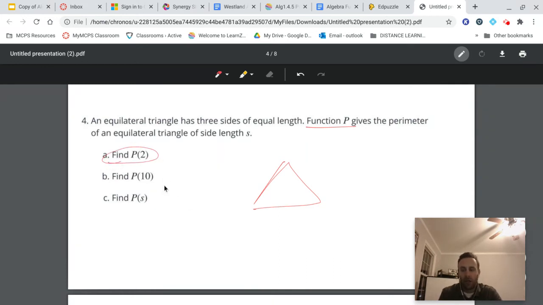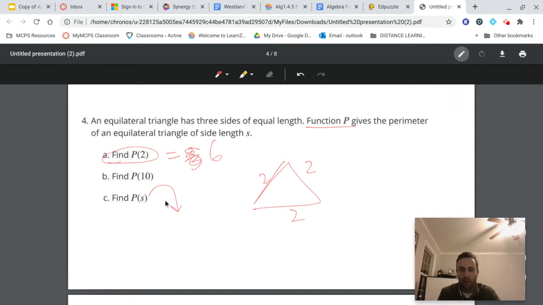And hopefully you said, we kind of already did this one. P of 2 is equal to, when it says find P of 2, it's asking what is the answer when you put in a 2 for x. Remember, when you put in a 2 for x, 2 plus 2 plus 2, you get an answer of 6. So these ones we kind of already did. Now I want you to make an equation, because P of s is not telling you what the x value is, so you have to make an equation.